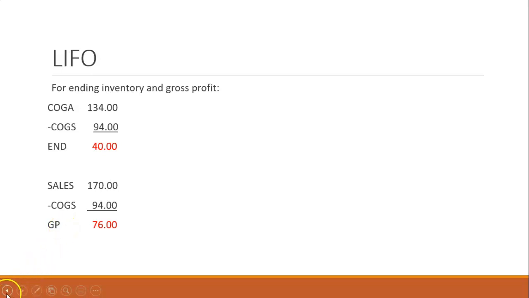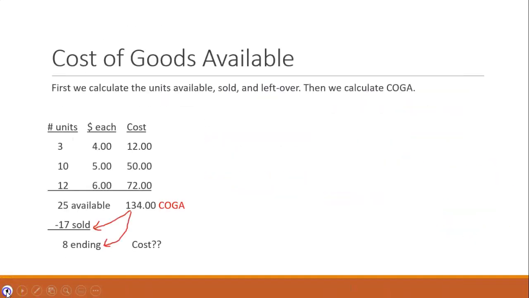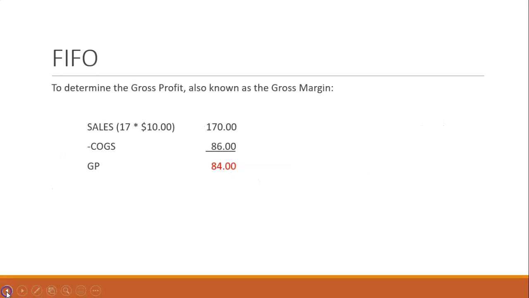Okay, now notice that the gross profit on FIFO was $84. Now my wages and my rent expense and all those other expenses that are going to get subtracted from gross profit to get down to net income, well, those wages and rents, they're the same regardless of what inventory system I'm on.